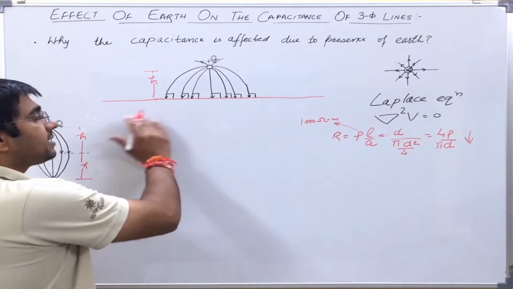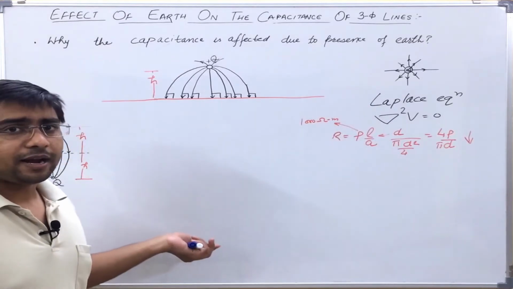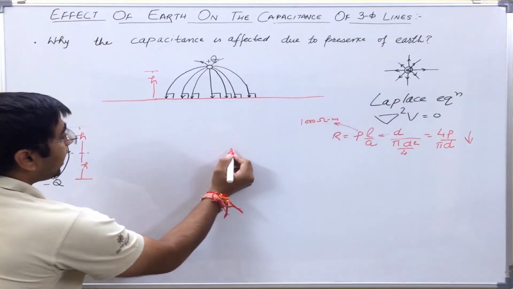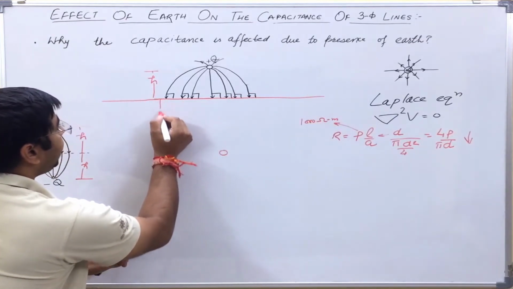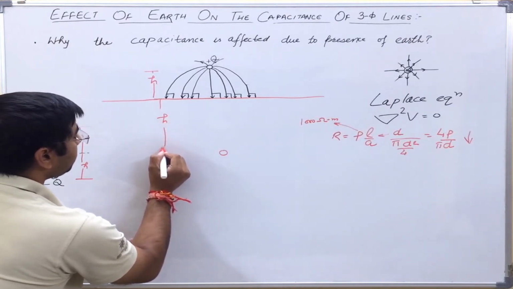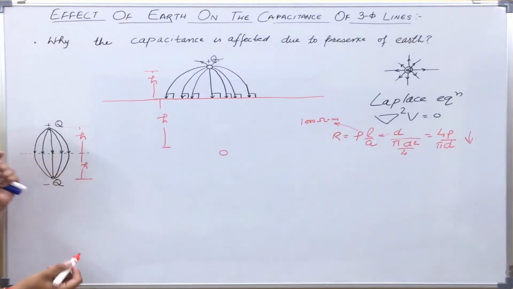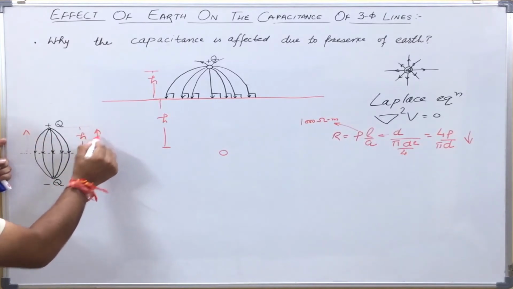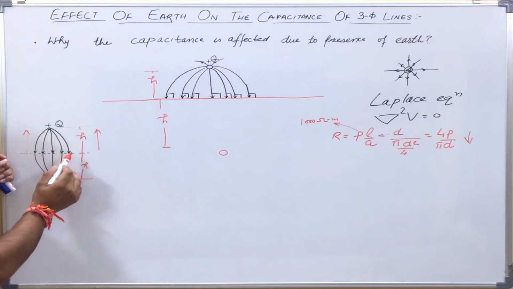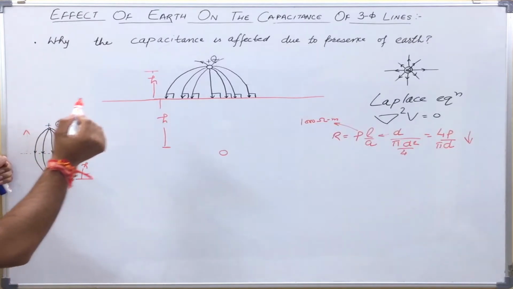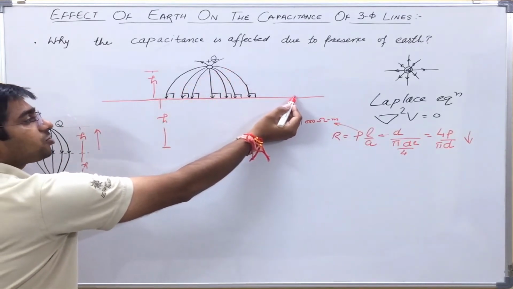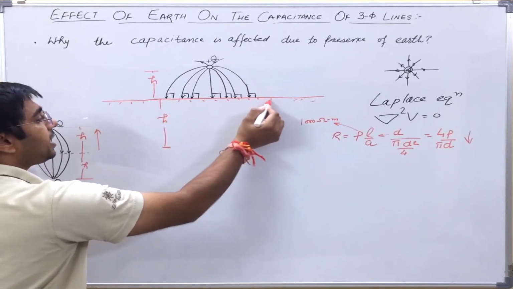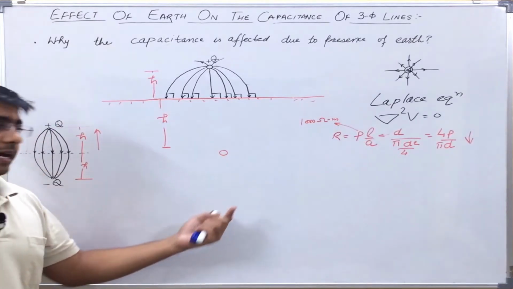Why can I remove this plane? Because inside a conductor there will not be any electric field. So if I remove this plane and put a charge at exactly h below, then the field lines above this surface will be exactly the same as when this plane was present and no charge minus Q was there.